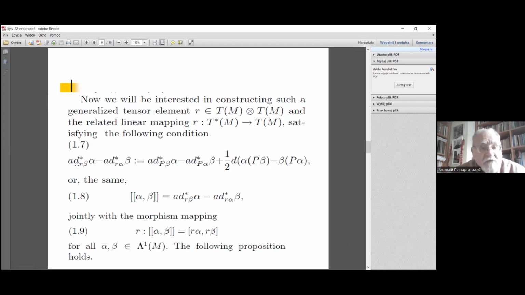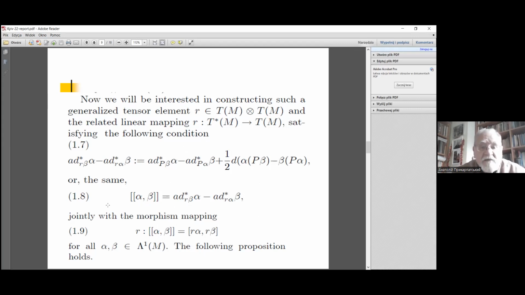We can rewrite the whole right-hand side in general form as the coadjoint action of two mappings, R beta and R alpha, where R is some tensor element which should be taken in such a form that the commutator on the cotangent space will coincide exactly with this alternated coadjoint action of this linear tensor mapping on the differential form.